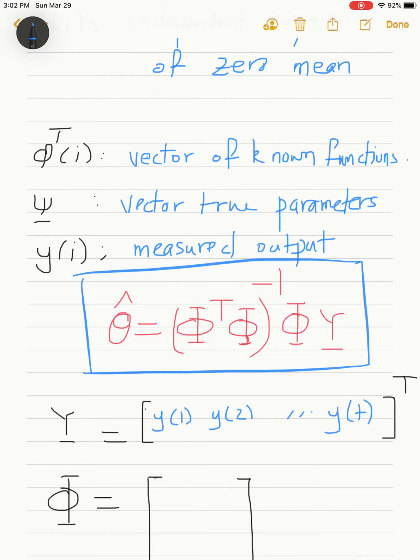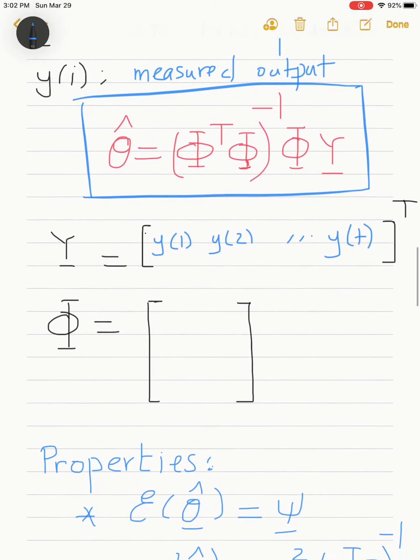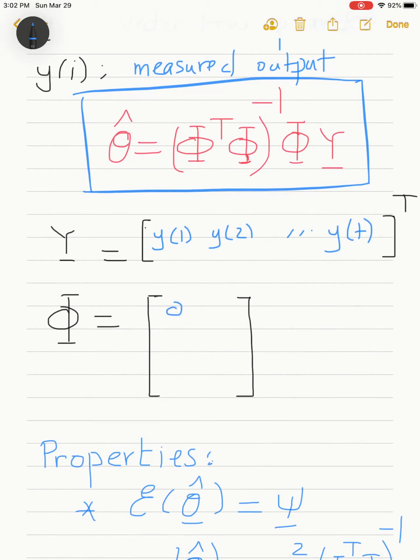The number of measurements is t. And phi will be composed of row vectors phi 1, phi 2, up till phi t. This is the phi matrix.